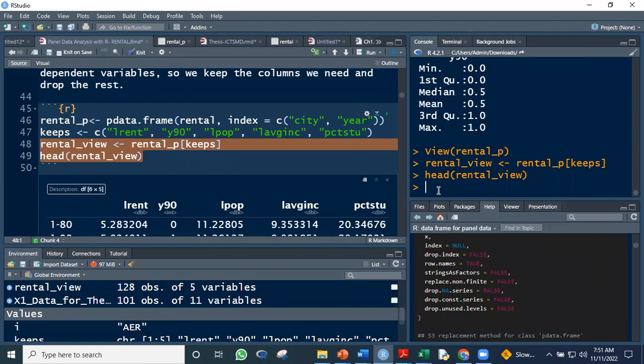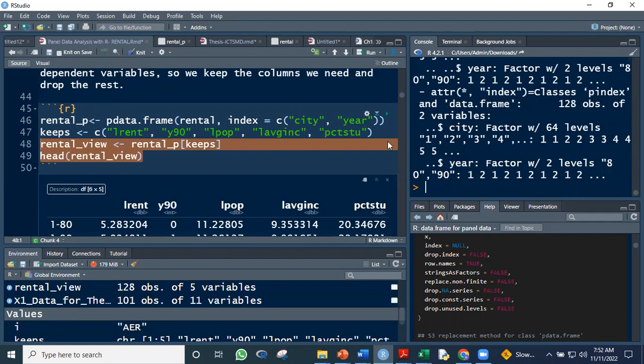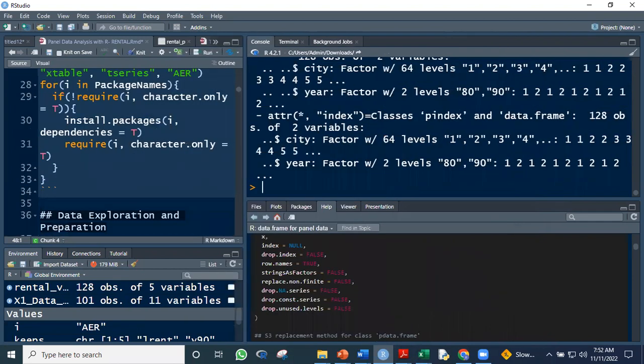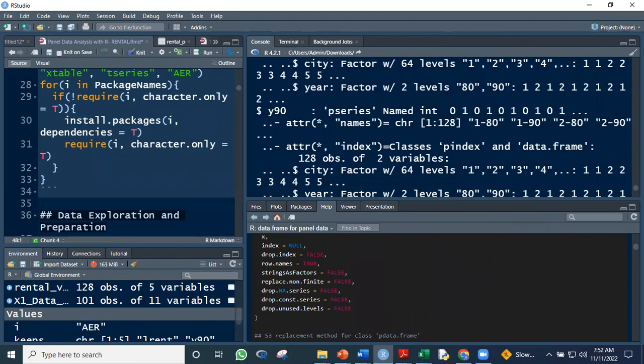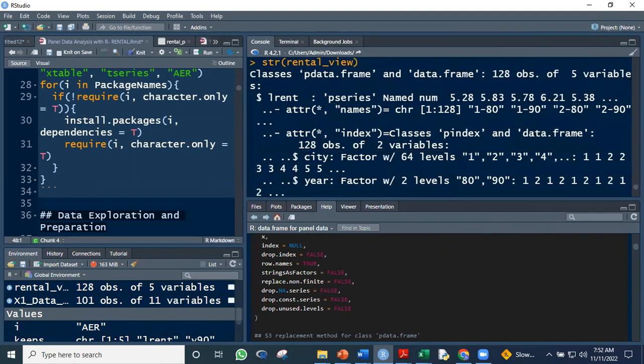If we get the structure of rental view, we can see here that rental view is a panel data with 128 observations and 5 variables.